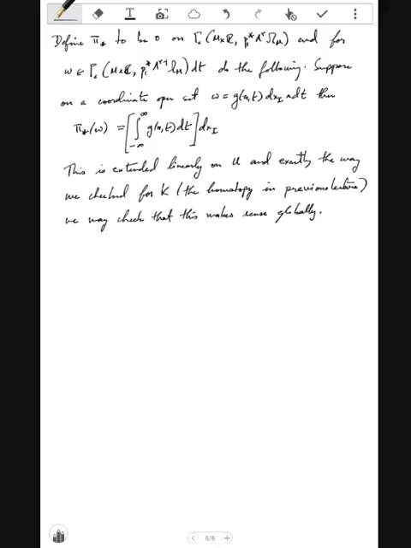So we need to show that pi lower star is a map of complexes.